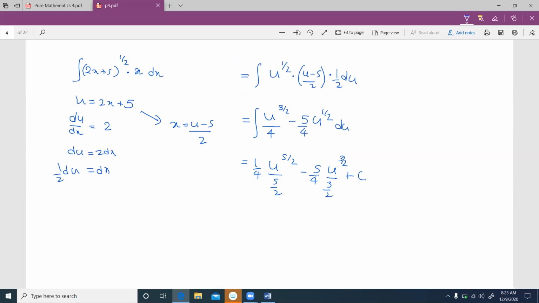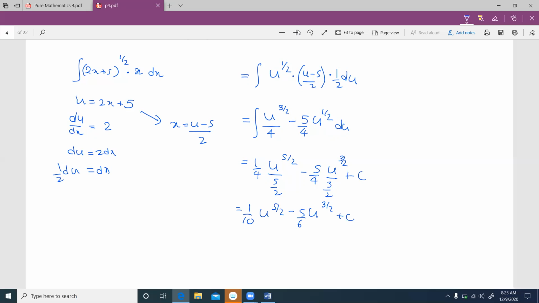Then you can simplify. This 2 goes up, giving 1 over 10 u to the power 5 over 2. Minus 5 over 6 u to the power 3 over 2 plus c. You can get the final answer for that.